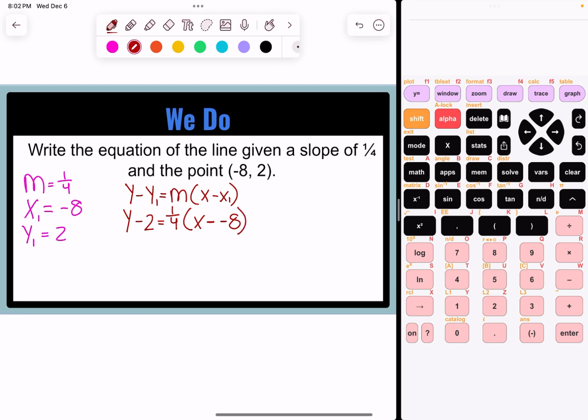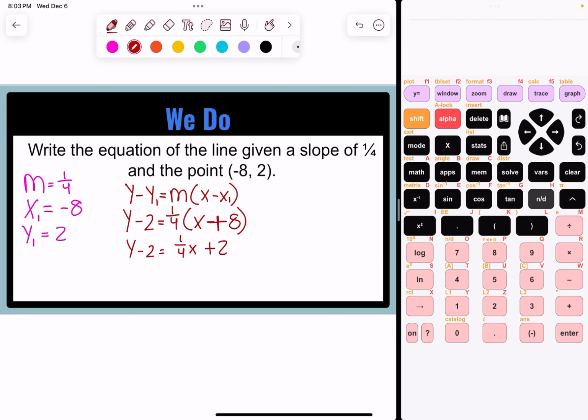So we put minus negative 8. All right, now we have y minus 2 equals 1 over 4 times x is 1 over 4x, and negative 8 is positive 8. So 1 over 4 times 8 is 2.